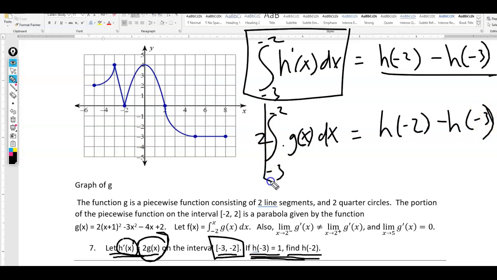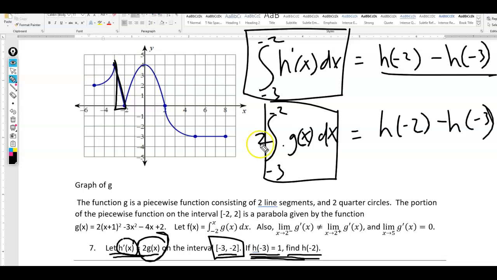All right, so what we need to do then is find the integral of g from -3 to -2. In other words, what's the area under the curve from -3 to -2? Here to here, and that's the triangle. We already calculated that a little bit earlier. The area of that triangle was 2, right?